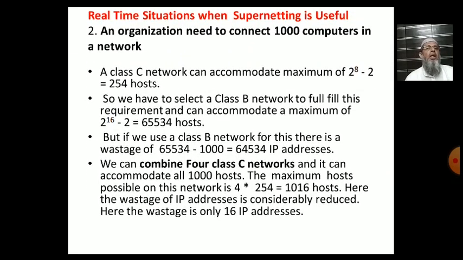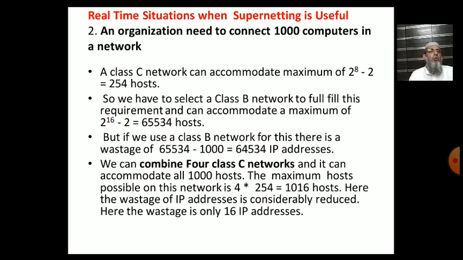Second, if an organization needs 1,000 computers, and again you use Class B IP addresses, then we are wasting 65,534 minus 1,000, that is 64,534 IP addresses.